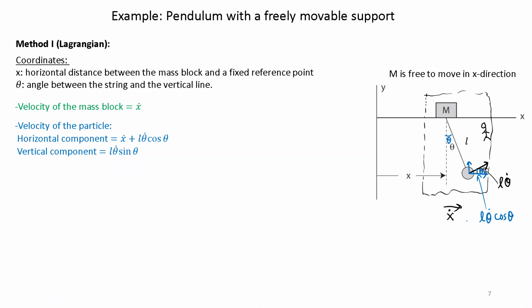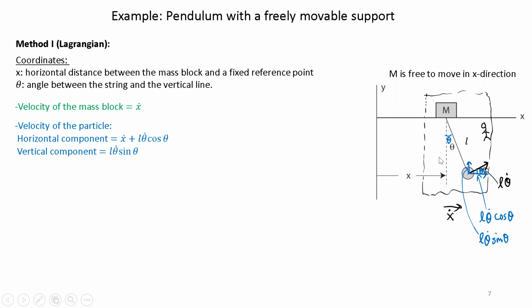And the vertical component over here is L theta dot sine theta. So this is what you conclude if you're moving with the system.